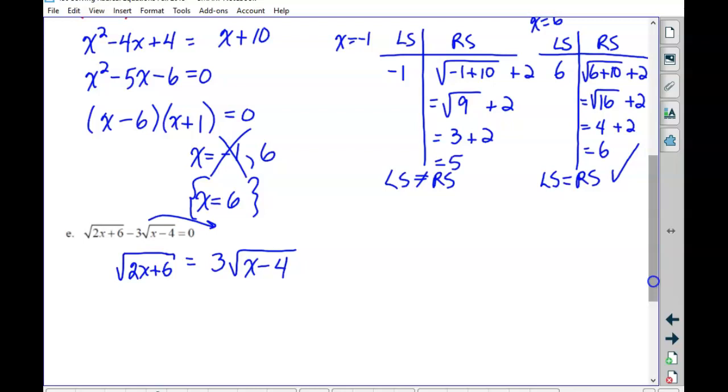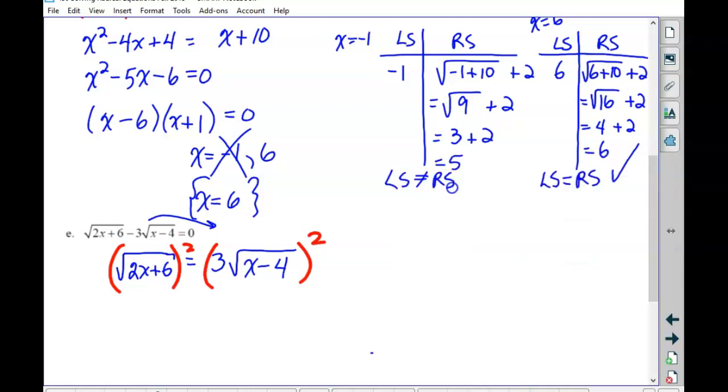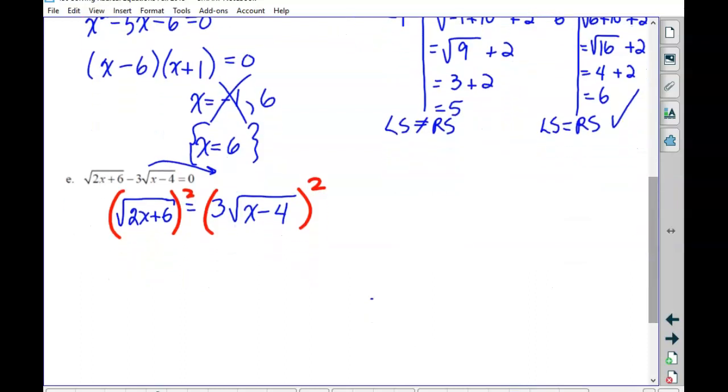Okay? Biggest thing to remember is not to forget about the 3. You have to square that whole thing. So here, left side squared, right side squared. And then squaring a square root just gets rid of the radical sign.